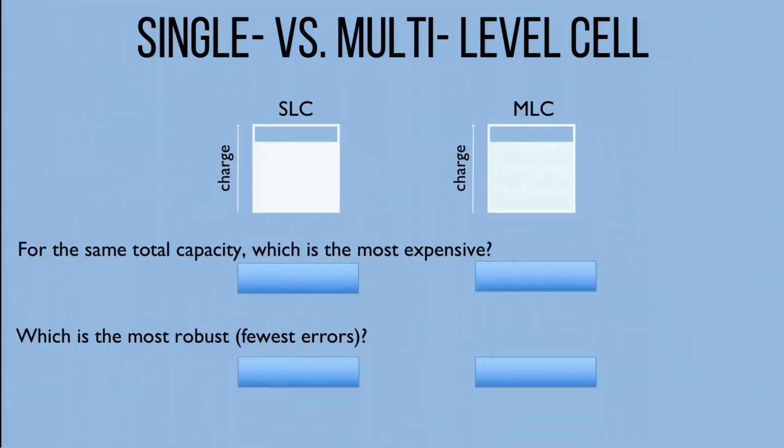Okay, very low-level stuff. So let's think about this technology a little bit. You can buy an SLC or an MLC device, and they tend to have different costs and different capacities and different reliability. So if you had to think about this, not just guess, if you were told you have an SLC versus an MLC device, and they have the same capacity, which one do you think would be the most expensive?